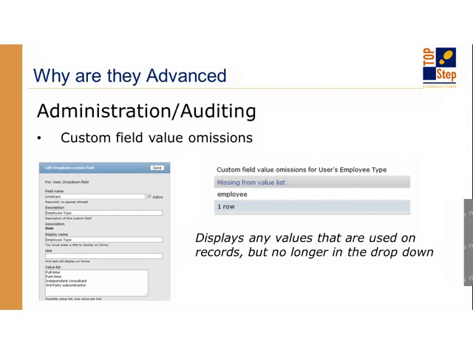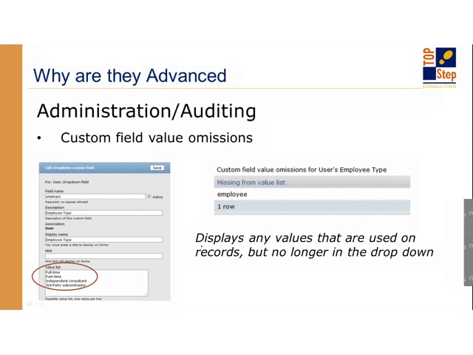So then the next one is the custom field value omissions report. This report is very unique. What it reports on is where you've made changes to the value list in a drop-down custom field.